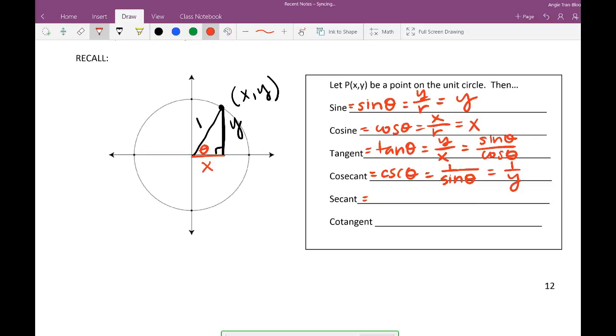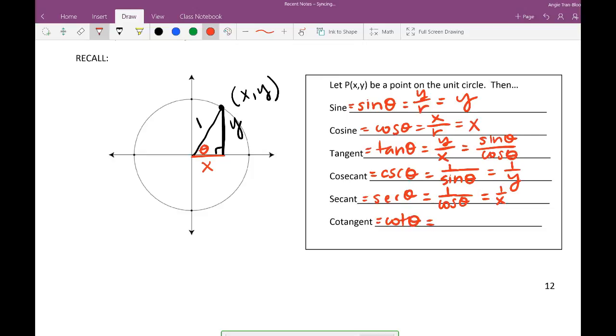Secant is the reciprocal of, oh, you know what? I just totally, oh, never mind. You're right. Secant of theta is 1 over cosine. Okay. Or 1 over x. Then last one, cotangent.